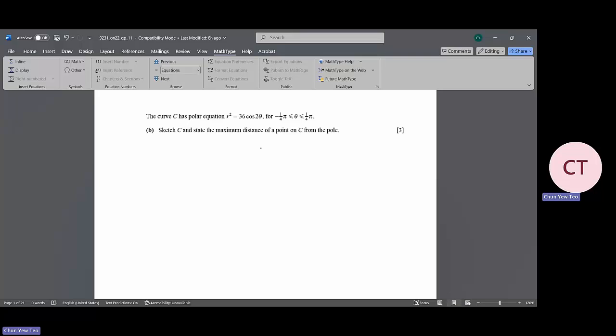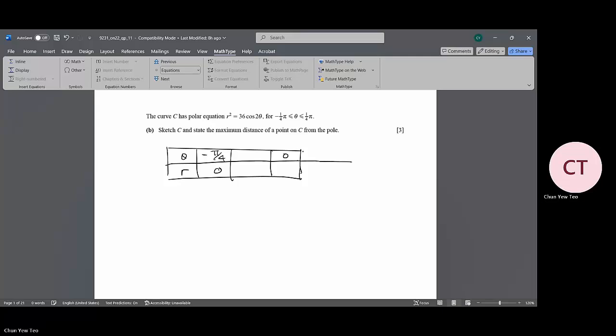They want you to sketch the graph. So to sketch a graph, we just need to draw the table accordingly. So your theta from negative pi over 4, this one, negative pi over 4 gives 0.